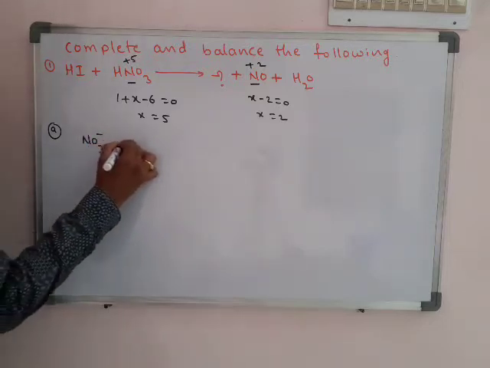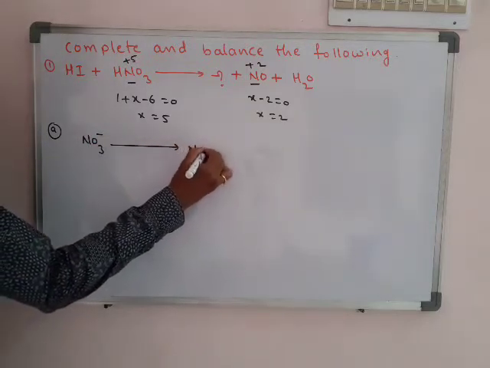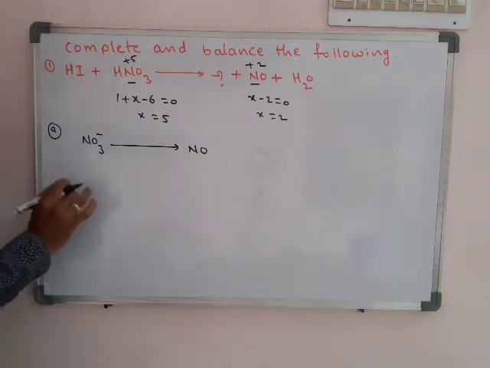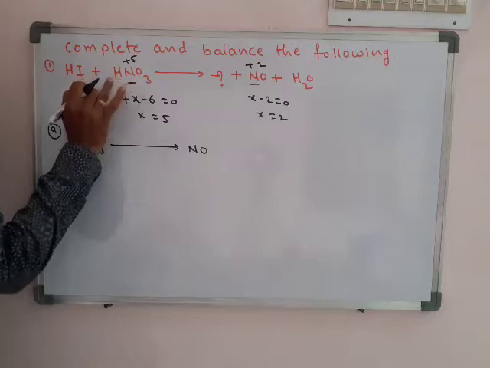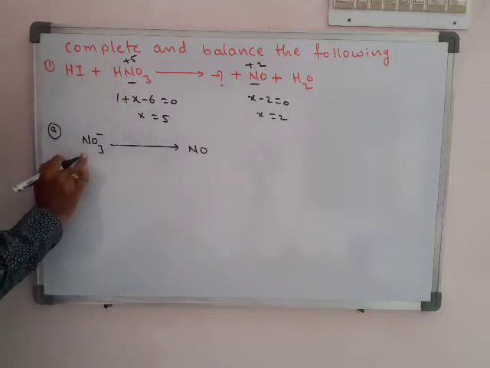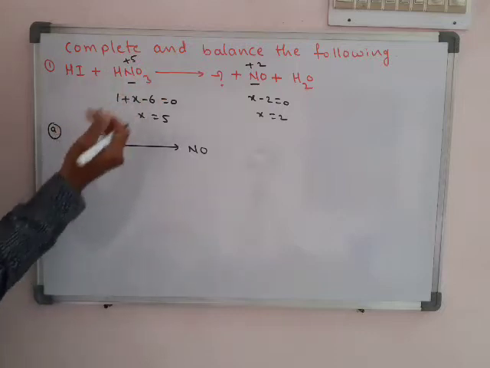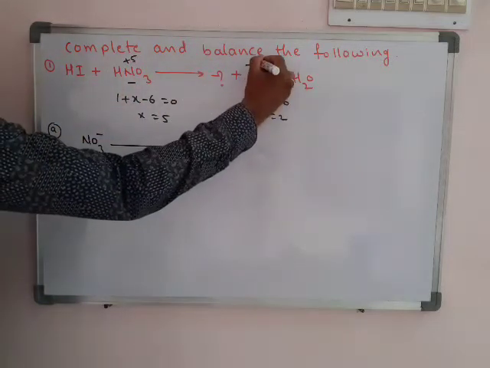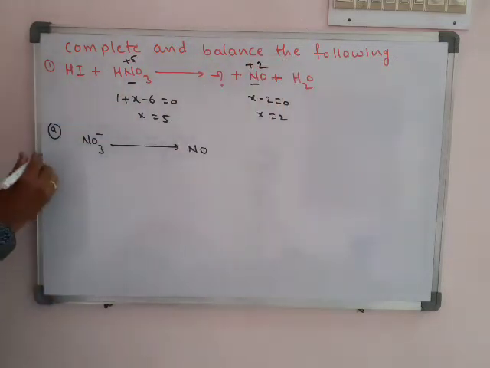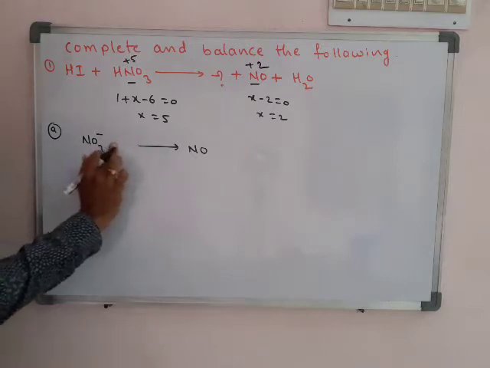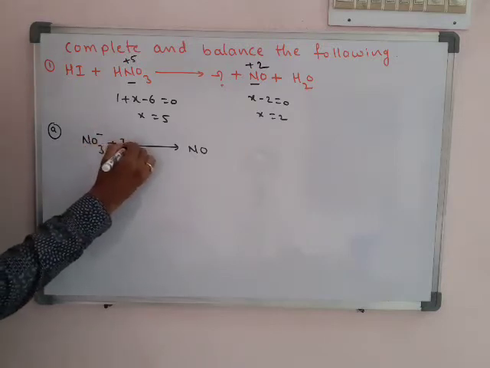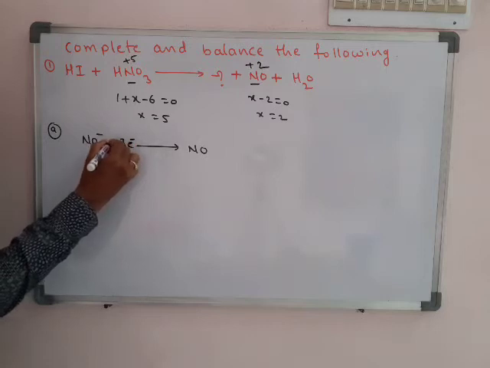So NO3 minus becomes NO. This is a reduction reaction, because the nitrogen oxidation number in NO3 minus is plus 5 and here becomes plus 2. Plus 5 becomes plus 2 by taking 3 electrons, which means it is a reduction reaction.